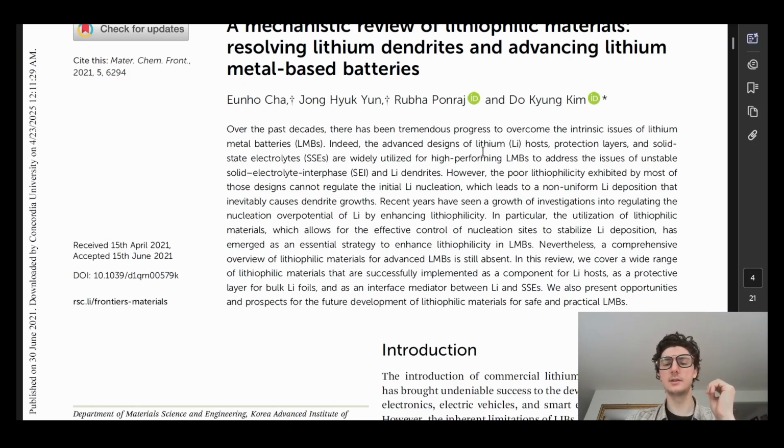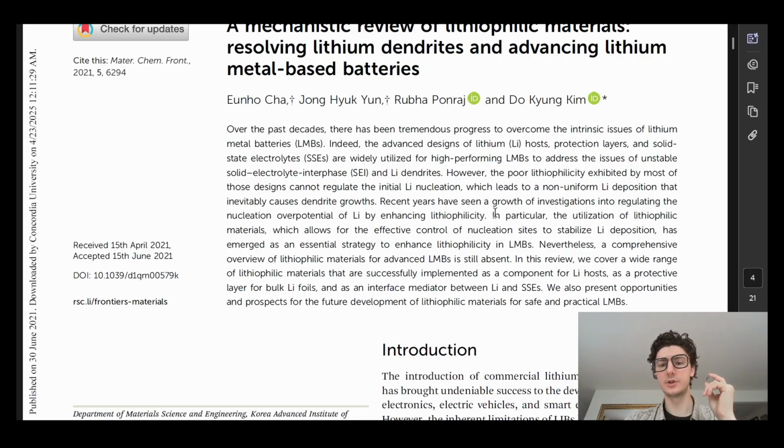Indeed, the advanced designs of lithium (Li) hosts, protection layers, and solid electrolytes, SSEs, are widely utilized for high-performing lithium metal batteries to address the issues of unstable solid electrolyte interface and lithium dendrites. However, the poor lithophilicity exhibited by most of those designs cannot regulate the initial lithium nucleation, which leads to a non-uniform lithium deposition that inevitably causes dendrite growth.